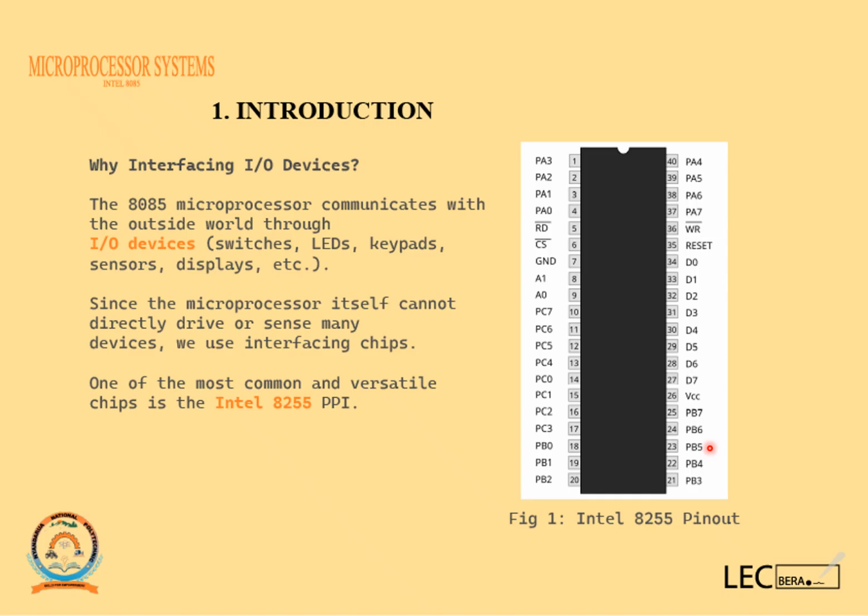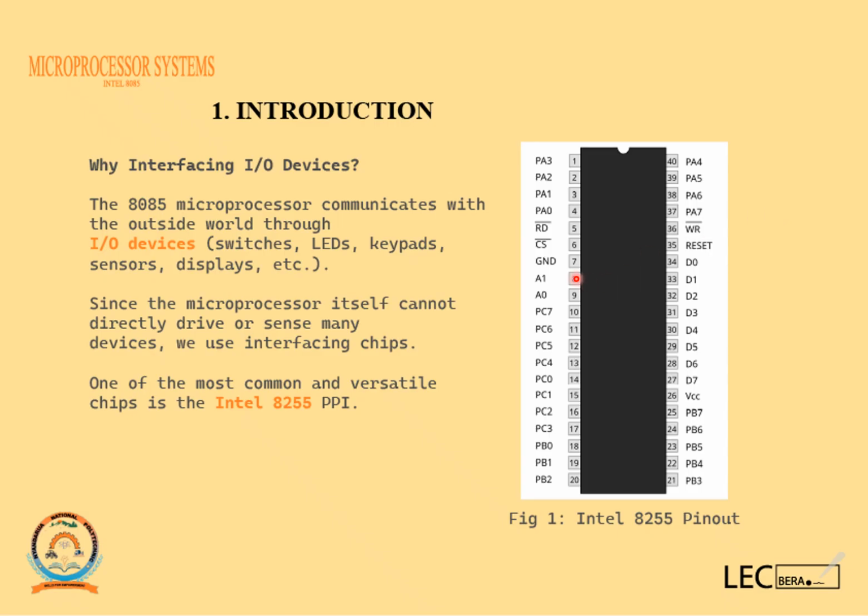And then we have control signals. We have RD, we have the chip select signal, we have WR, and we have reset. Those are control signals, and we are going to see how to interface them to the Intel 8085. And then we have power pins.